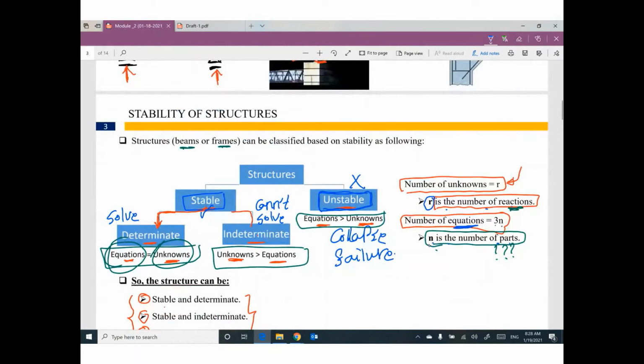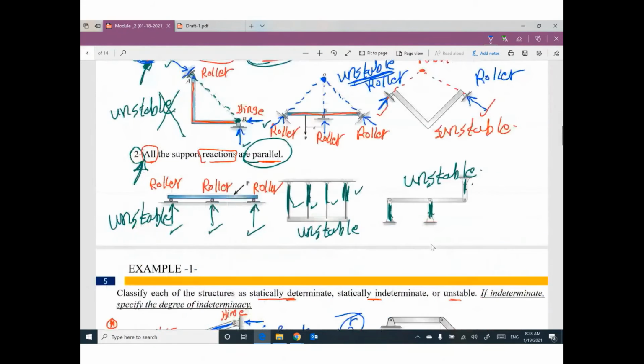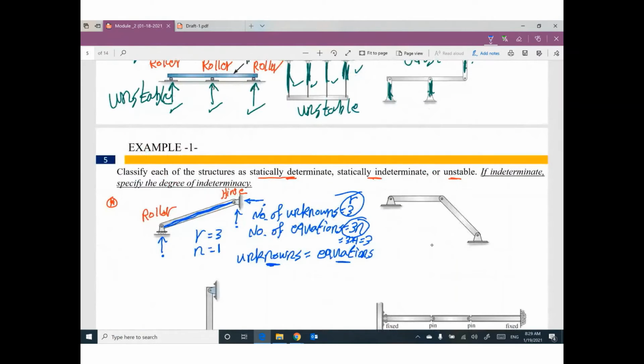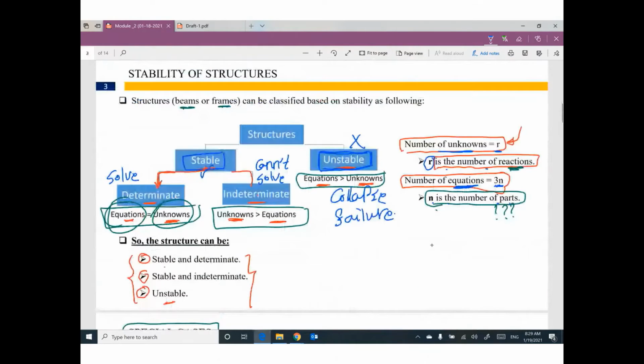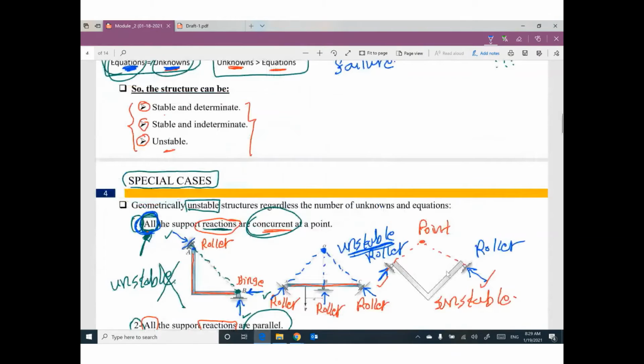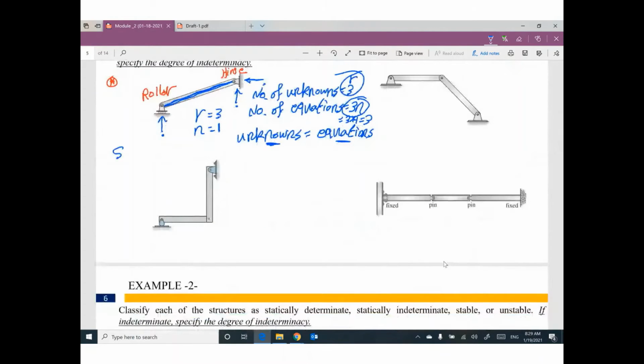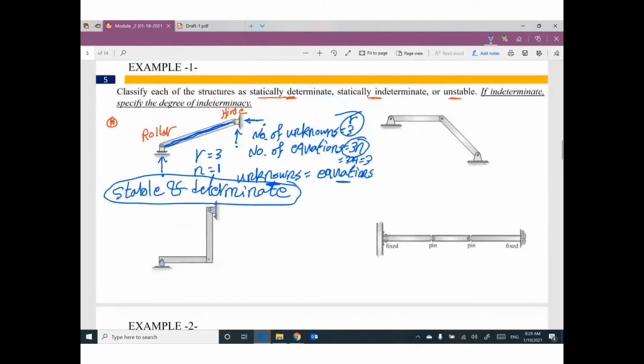Number of equations equals 3n, number of unknowns equals R. And finally, you found number of unknowns equals number of equations. So your structure will be stable and determinate. My final conclusion, this structure will be stable and determinate. I am done. Piece of cake. It's very easy.